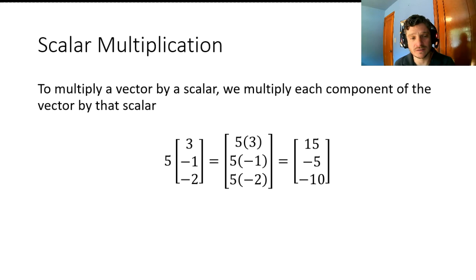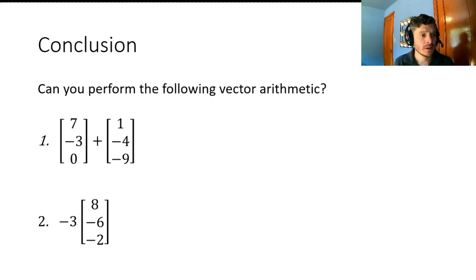So 5 times 3 is 15, 5 times -1 is -5, 5 times -2 is -10, and that's it. Scalar multiplication is just that easy. You scaled it up. And so in this case, our new vector is 5 times bigger than our original vector. And that's this term scalar. We're scaling it.